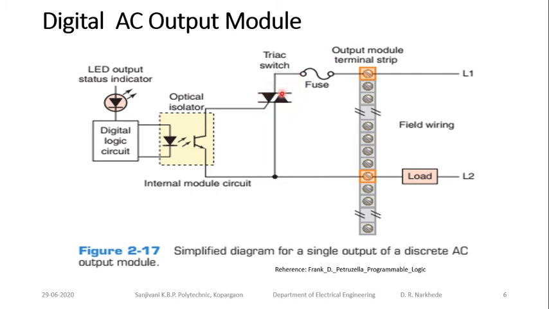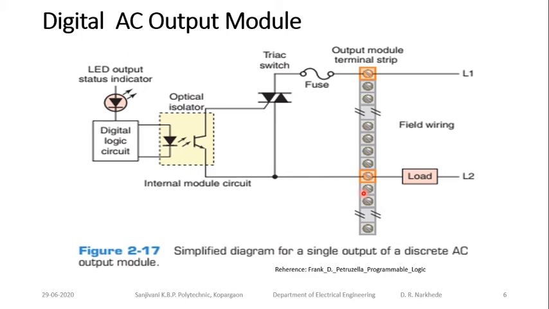When the triac is on, the current will flow from L1 to fuse, fuse to triac, triac to load, and the load will get activated. The LED emits light which switches the phototransistor into conduction. This turns on the triac, and once the triac turns on, my current flows in this manner. So the triac has two positions, on position and off position.